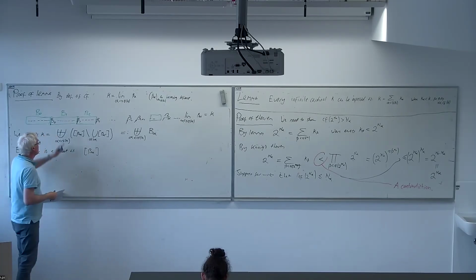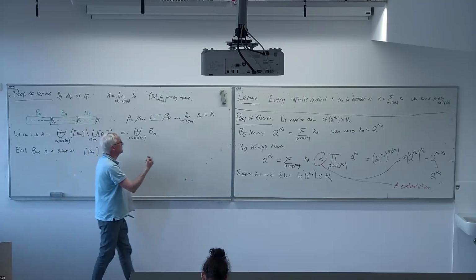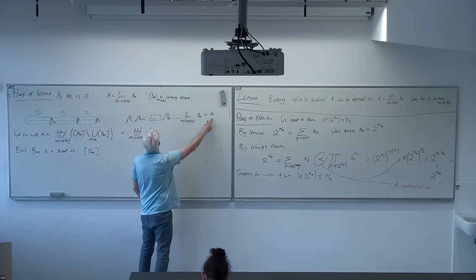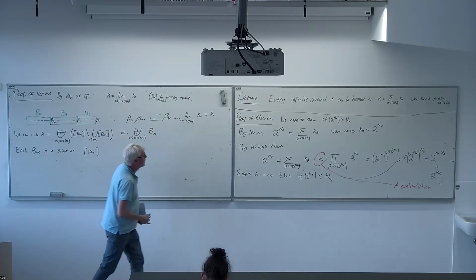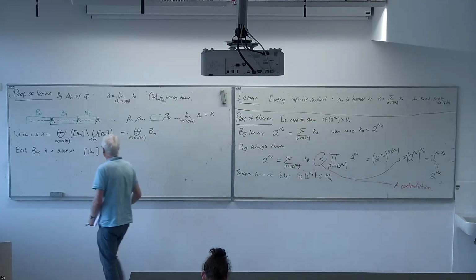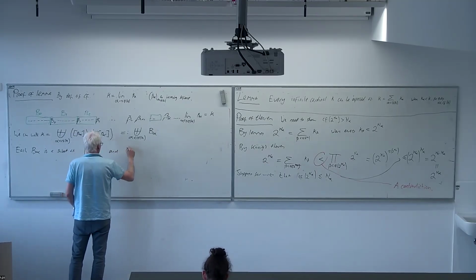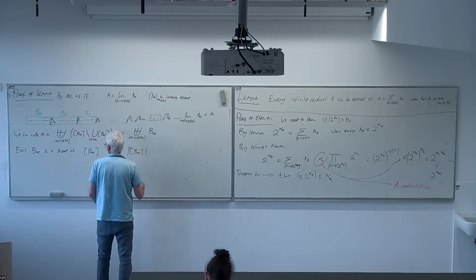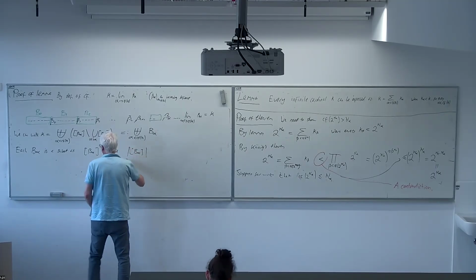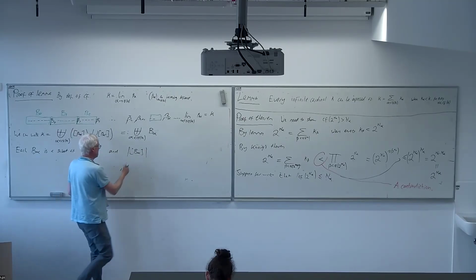And since every beta alpha is strictly below kappa, and kappa is an initial ordinal because it's a cardinal, we have that the cardinality of that set, sorry, this is beta sub alpha.